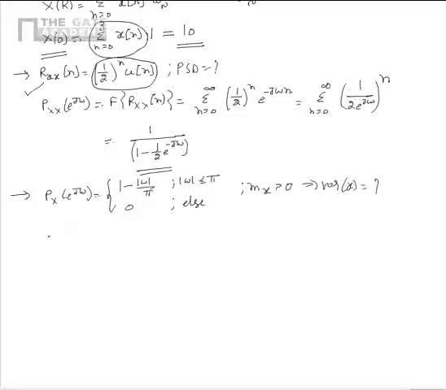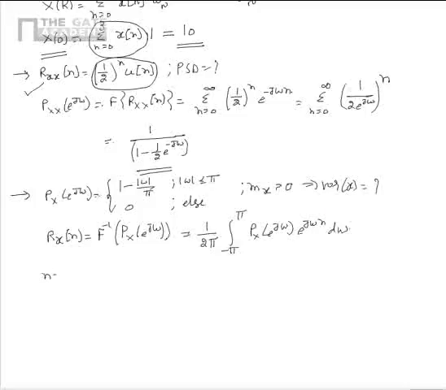We know that the autocorrelation function of the signal can be given as Rx[n] equal to the inverse Fourier transform of Px(e^jω). From this, we can write that Rx[n] is equal to 1/(2π) times the integral from −π to +π of Px(e^jω) multiplied by e^(jωn) dω.